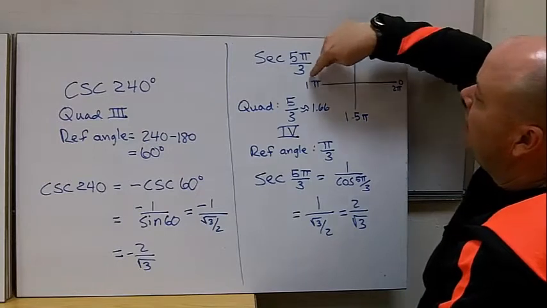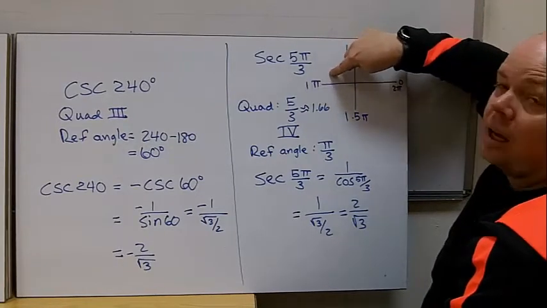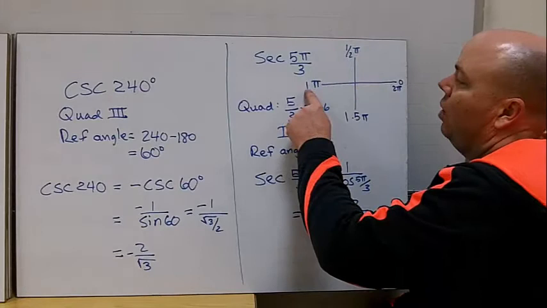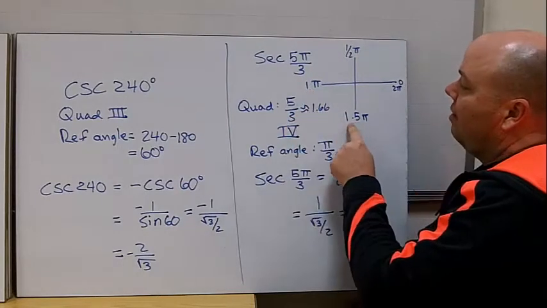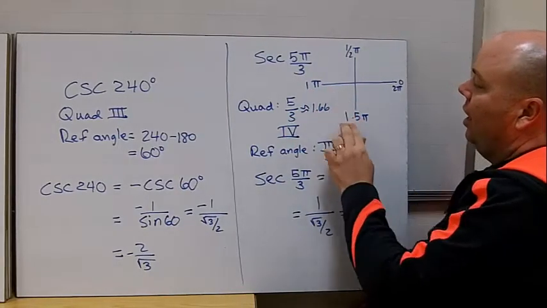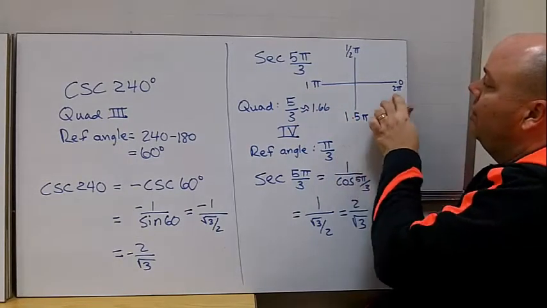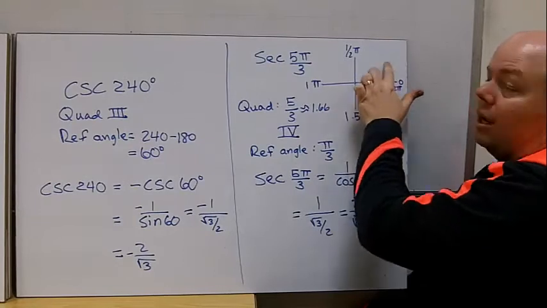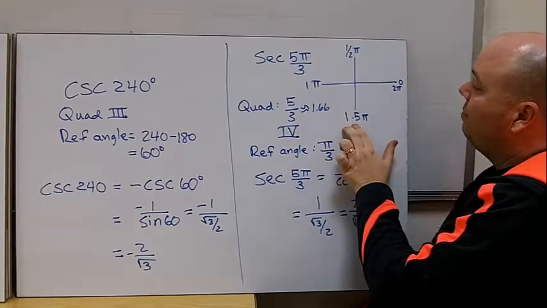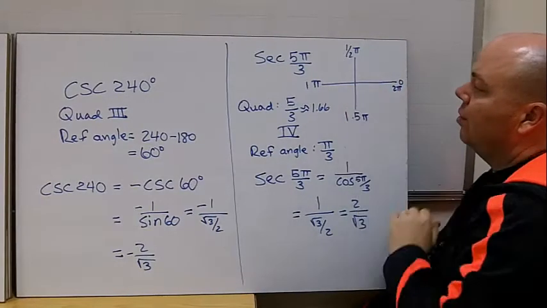Anything between 1/2 pi and 1 pi is in the second quadrant. Anything between 1 pi and 1.5 pi would be in the third, and anything between 1.5 pi and 2 pi would be in the fourth. This is just breaking it up into quarters.